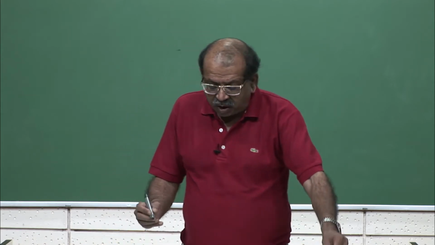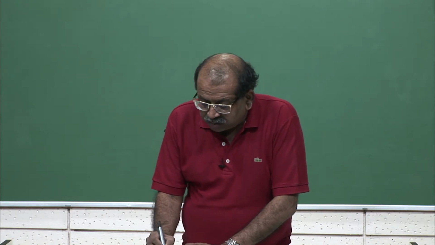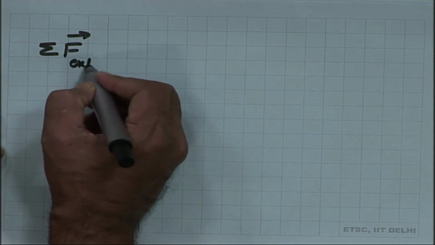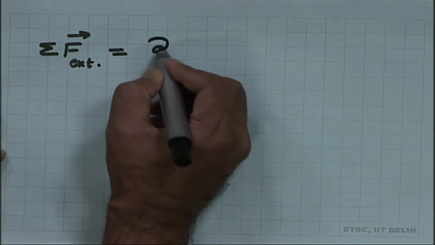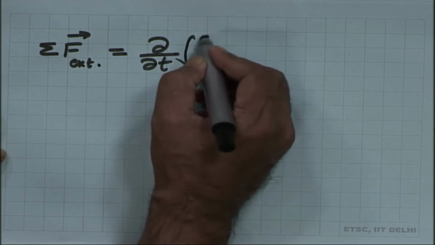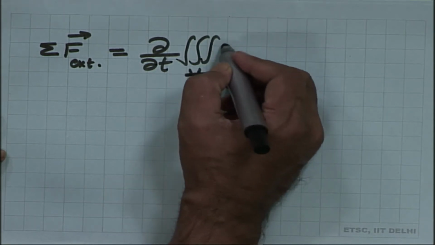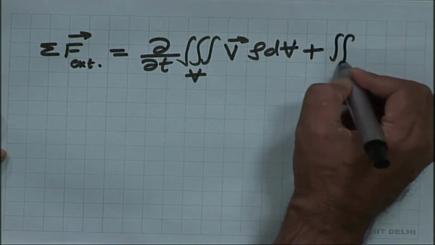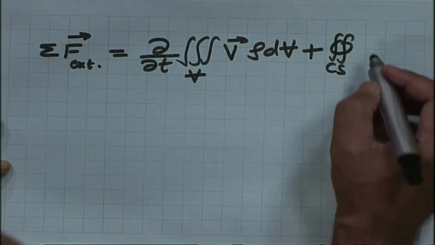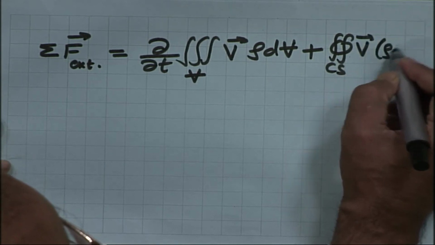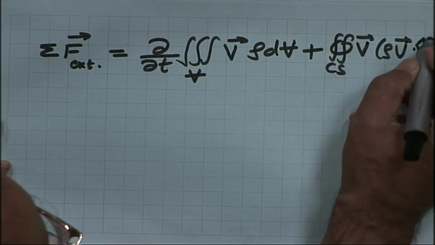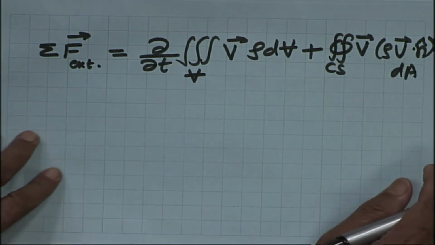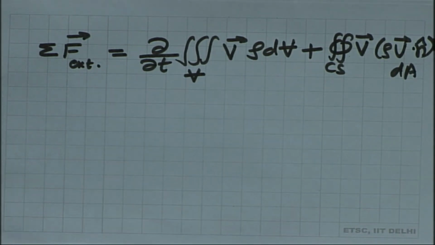As we recall, for a control volume, the momentum equation is given by sum of the external forces on the control volume is equal to d by dt of the volume integral of V rho dV plus integral on the control surface V times rho V dot n dA. So, this is the force equation.